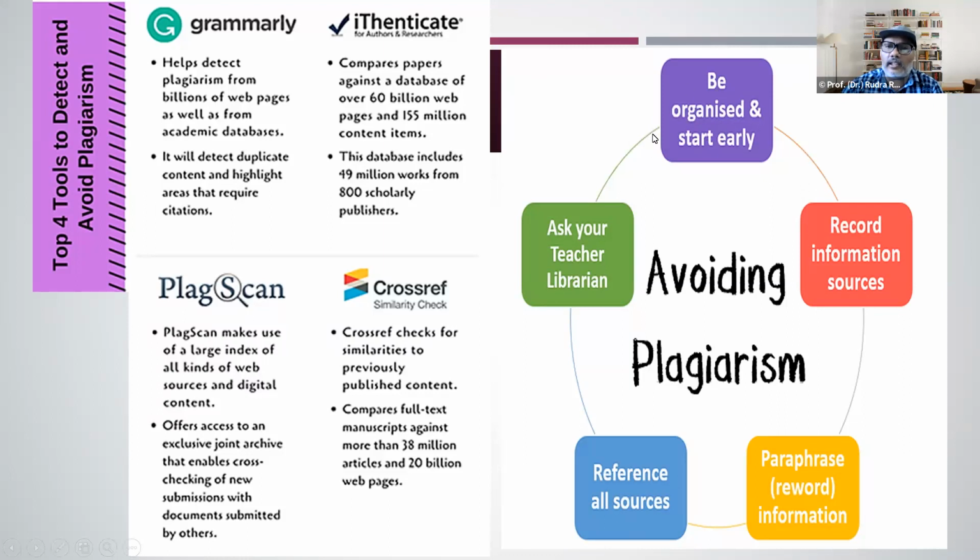Starting early means you design, decide, and generate the content based on your interest. Once you start early, you need not depend on other citations and you do not waste time. Record information sources also.